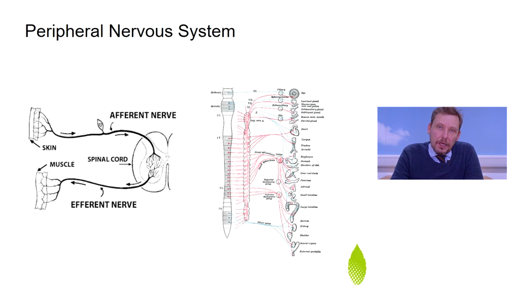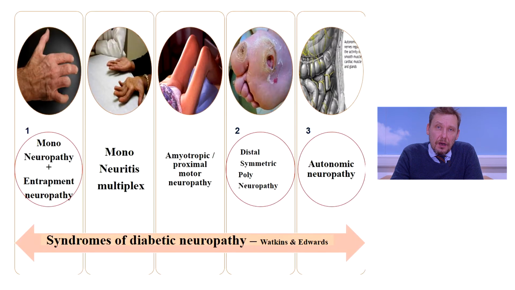So these would include functions such as heart rate, blood pressure, erectile function, but there is a whole gamut of important functions which we obviously have no voluntary control over, and which have nerves travelling outwith the spinal cord or brain. And these are important to understand because it's these particular nerves which tend to be affected by diabetes and the metabolic processes associated with it.